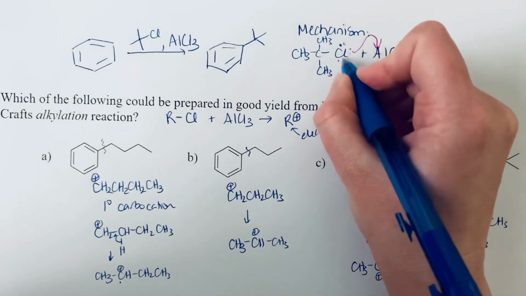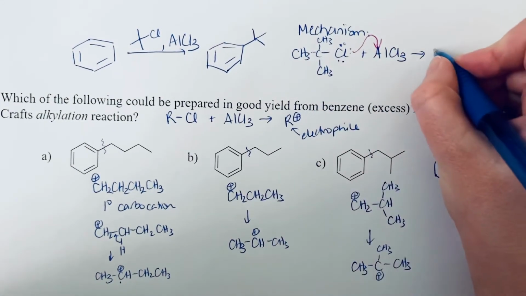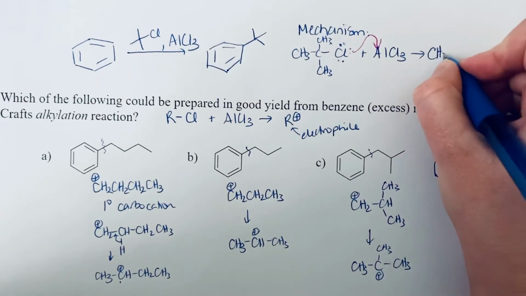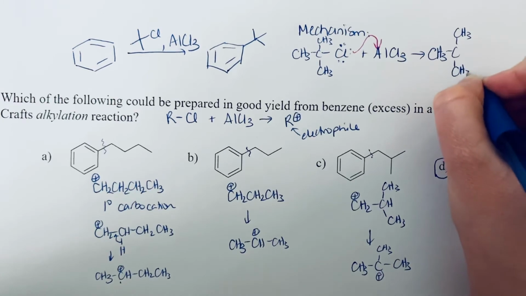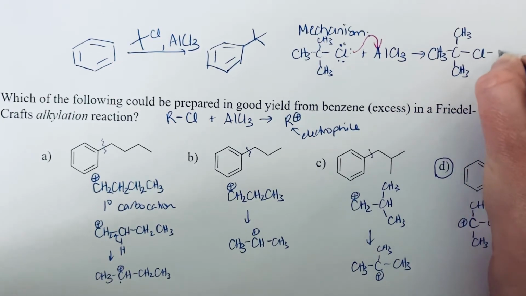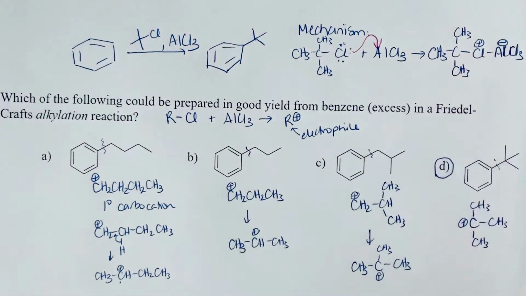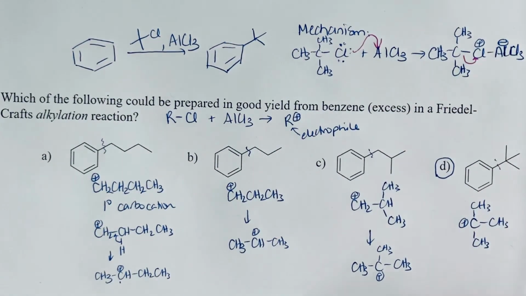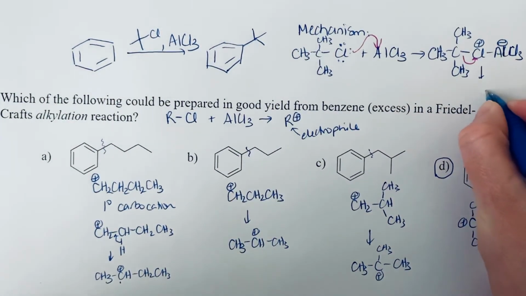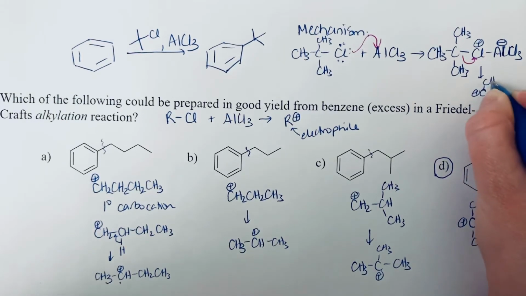So we're just going to coordinate that chlorine to that aluminum. Okay, so we'd have a negative charge on the aluminum, a positive charge on the chlorine, and then this can break to give you the carbocation that is needed.